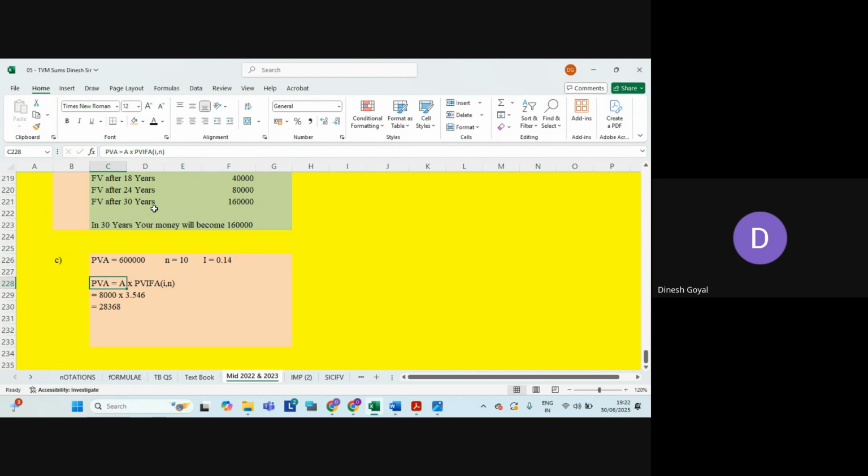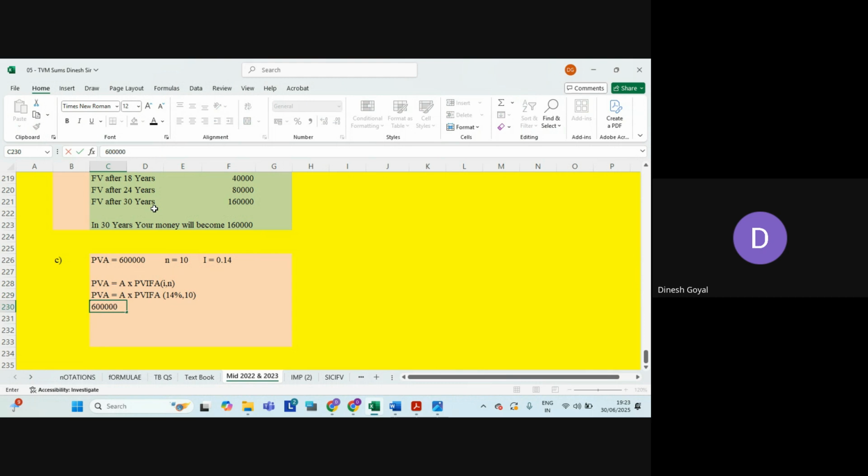So this is the formula. The PV is equal to A into this, right? So what you can write is PVA is equal to A into PVIFA. Again, they have given the values, but this time they will not give. So you can just write 14% and 10, comma 10. That also you can write. And that is given, so you have to just substitute the values.